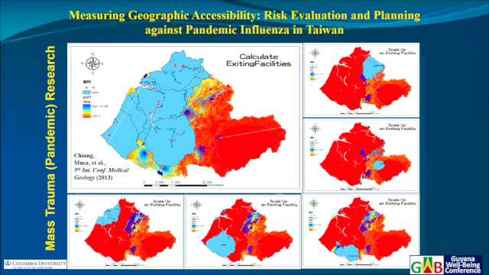And the smaller maps are different scenarios as to which one produces better coverage for health services. So again, it's not simply just mapping things. It's understanding, analyzing, and exploring phenomena that happen on Earth.